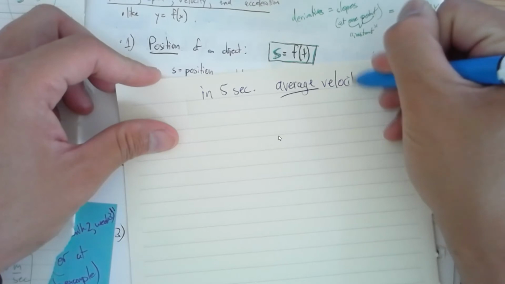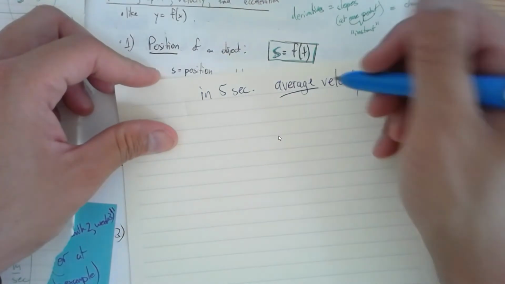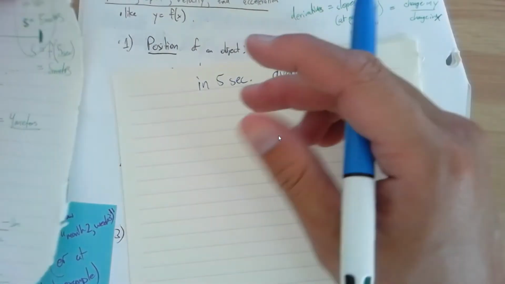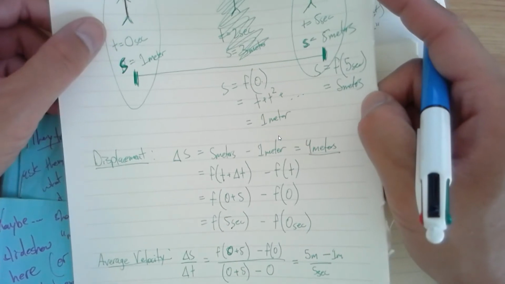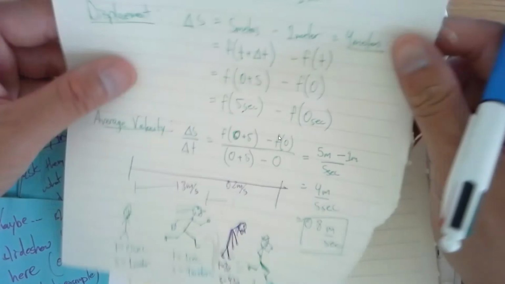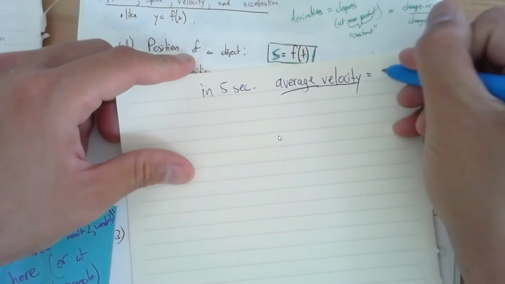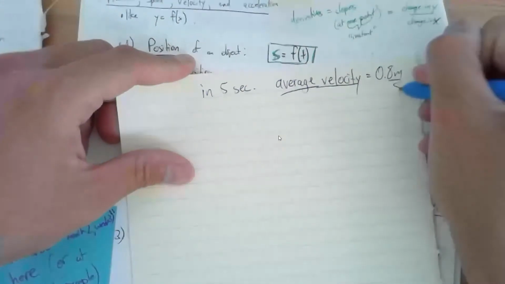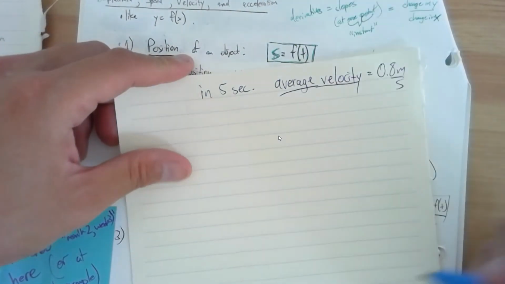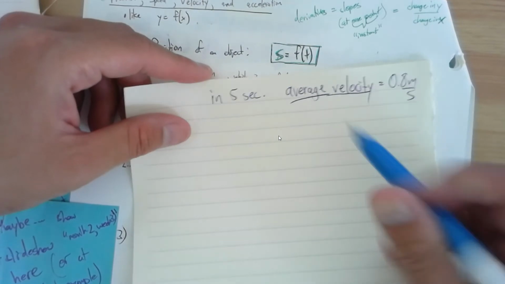In fact, all of this drawing, I don't know if you really want to write any of this, if it helps, okay? So I do apologize. I'm just trying to show you so you can understand. The average velocity was 0.8 meters per second. That's how this person traveled in 5 seconds, right?